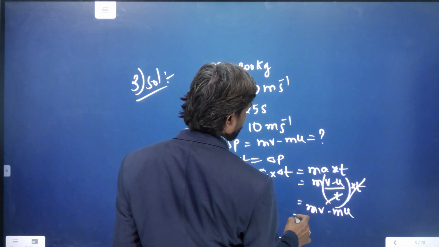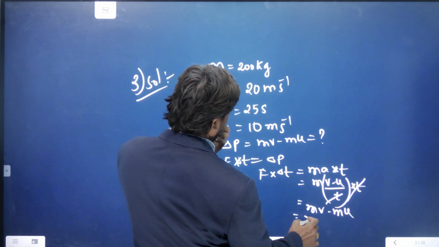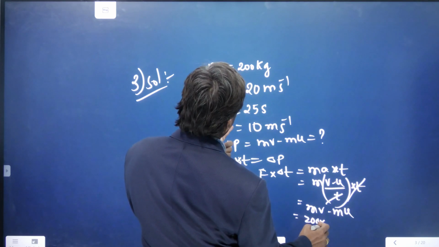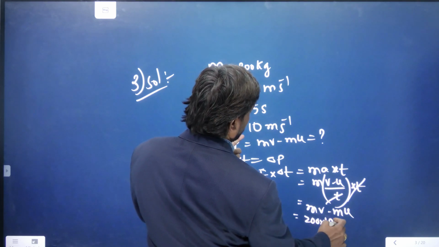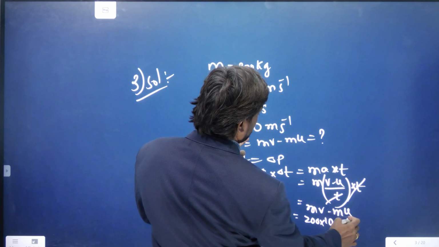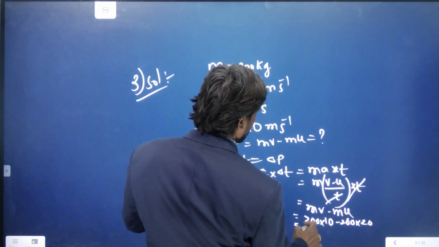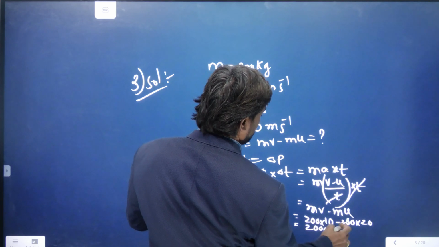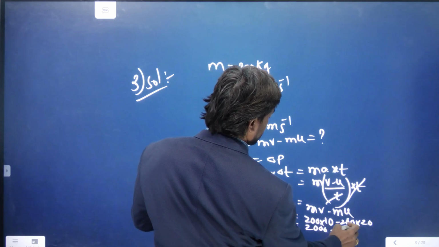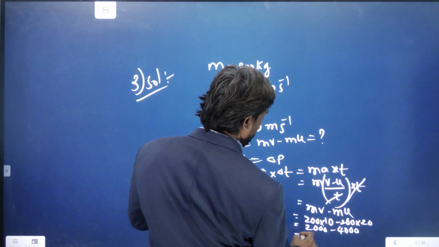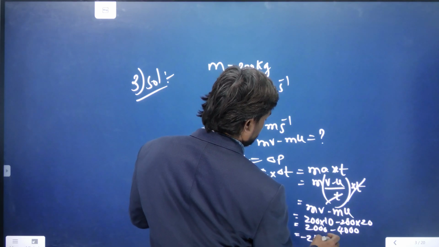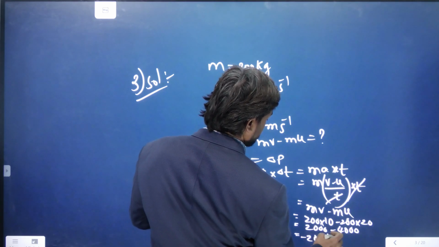Mass is 200, final velocity is 10, and initial velocity is 20. So we get 2000 minus 4000, which is minus 2000 kg meter per second.